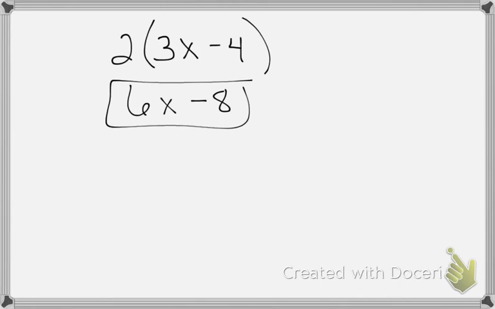So now here's what we're going to do today. We're going to do the distributive property in reverse. Your original problem would say 6x minus 8. And I'm going to teach you today some tools to recognize a common factor that would exist between these two terms.